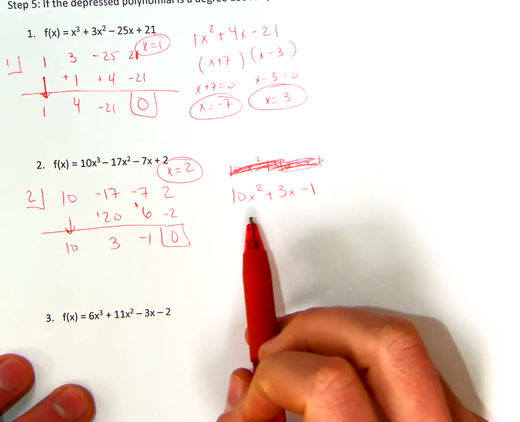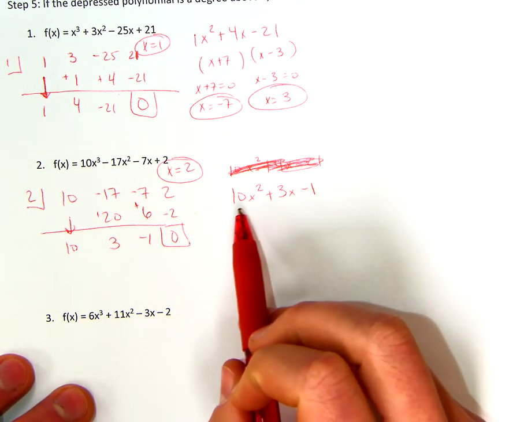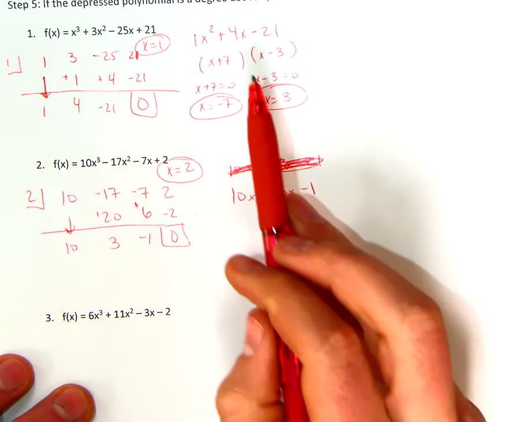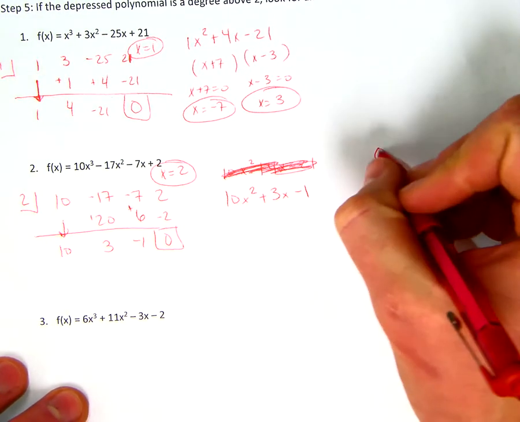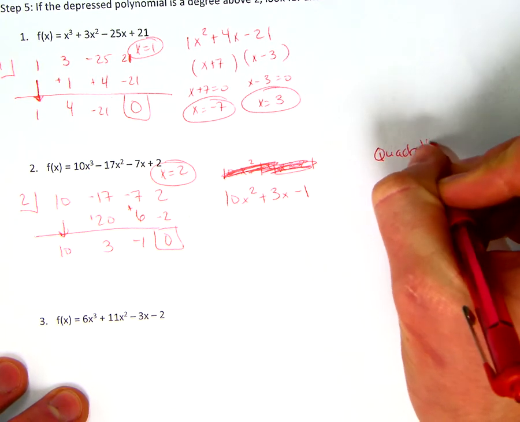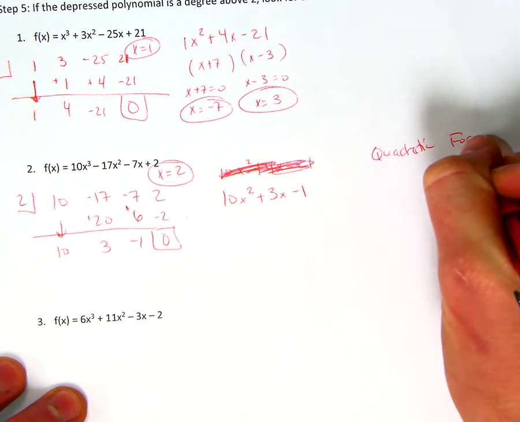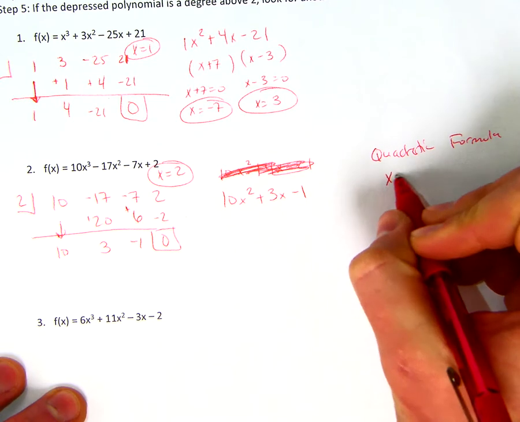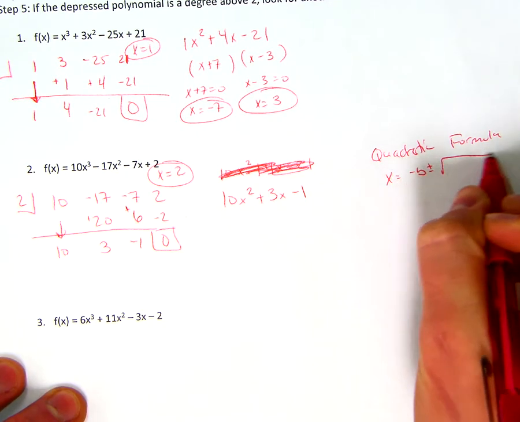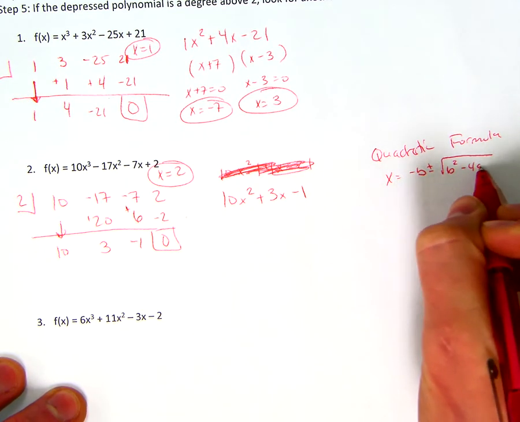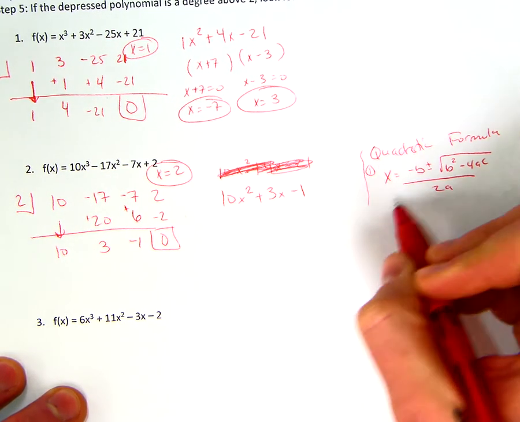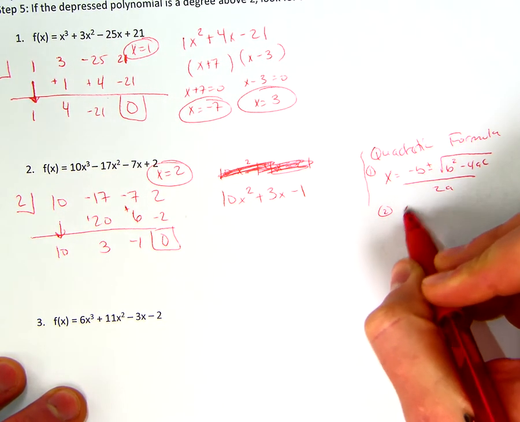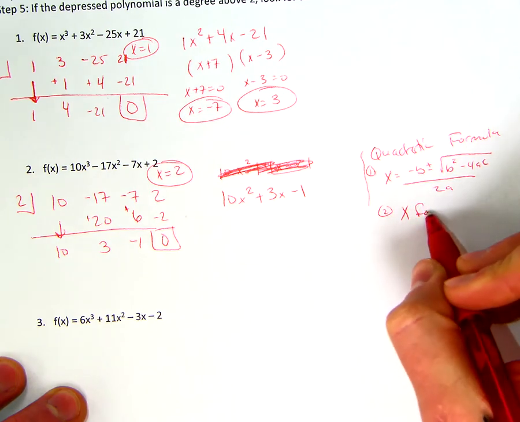And then we have a couple options here. Notice that we have a 10 here, not a 1, so we can't just do the quick way. We either have to use the quadratic formula, which is x equals negative b plus or minus the square root of b squared minus 4ac all over 2a. Or the other option, we'll call it the x factor.